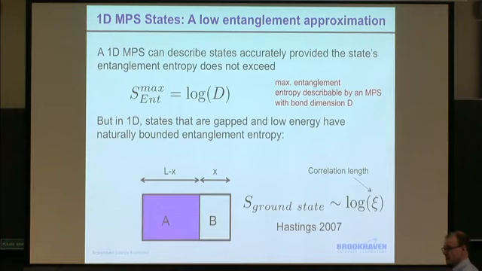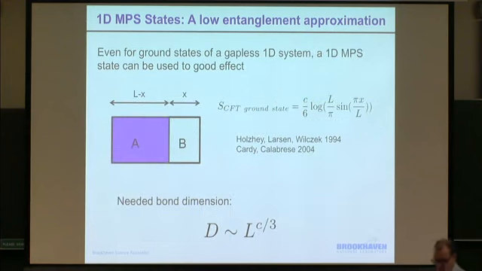So certainly MPS states can be used for gapped systems, but in fact, I think it's fair to say that MPS states can be used fairly efficiently to describe ground states of gapless systems, because even though the entanglement entropy in a gapless system scales as log L, in order to describe this entanglement, it just means we need to choose a matrix product state with bond dimension that scales as some power of the system size, not exponential.